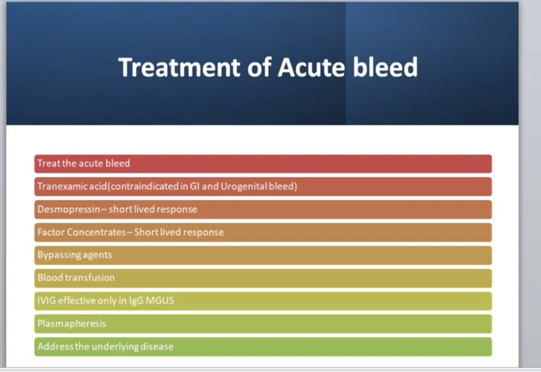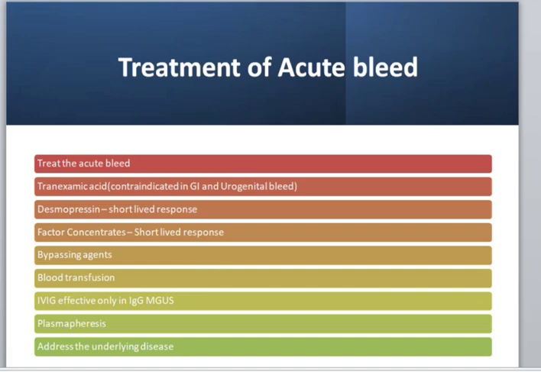IgM type MGUS leading to acquired von Willebrand syndrome should be treated with plasmapheresis. You need plasma exchange for this patient if they are coming with acquired von Willebrand syndrome secondary to IgM MGUS.